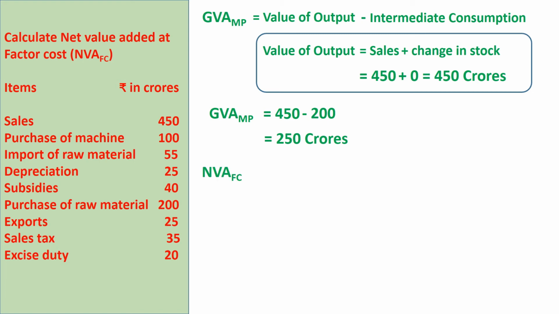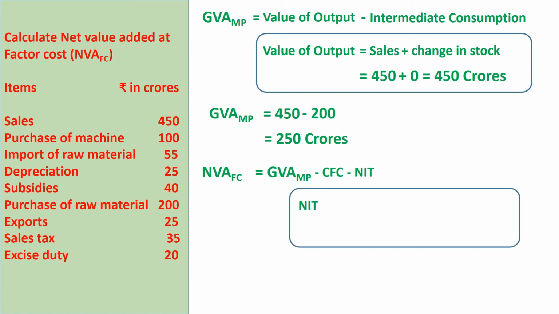Now we will calculate NVA at factor cost. NVA at factor cost is equal to GVA at market price minus CFC to convert gross into net, minus NIT to convert market price into factor cost. Here NIT is not given directly, so we will calculate NIT. Net indirect taxes are equal to indirect taxes minus subsidies.